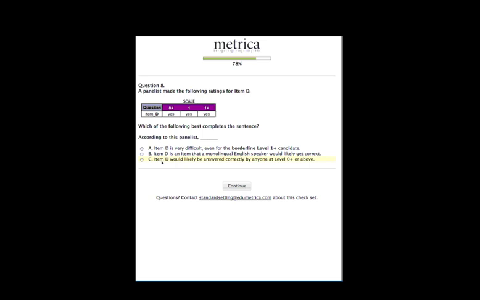Is the panelist saying that item D would likely be answered correctly by anyone at level 0+ or above in the target language? Yes, that's what this panelist is saying. That item D is easy. That item D would be answered by the borderline 0+ candidate, and therefore, logically, also by the borderline level 1 and the borderline level 1+ candidate.